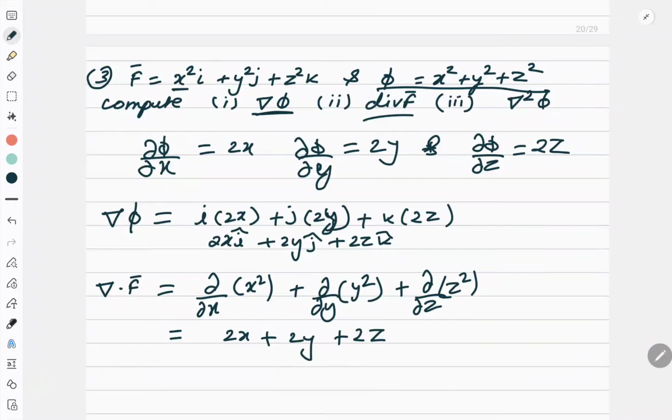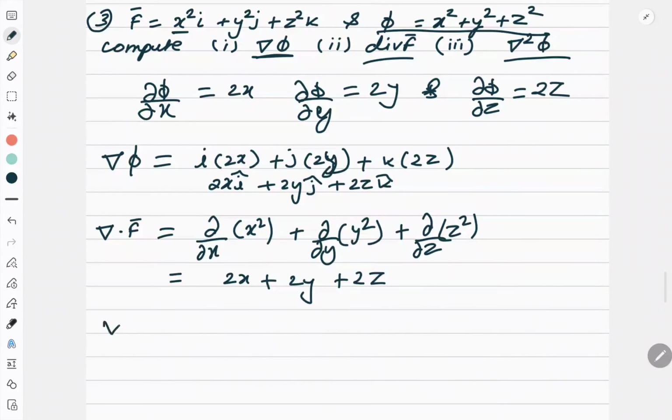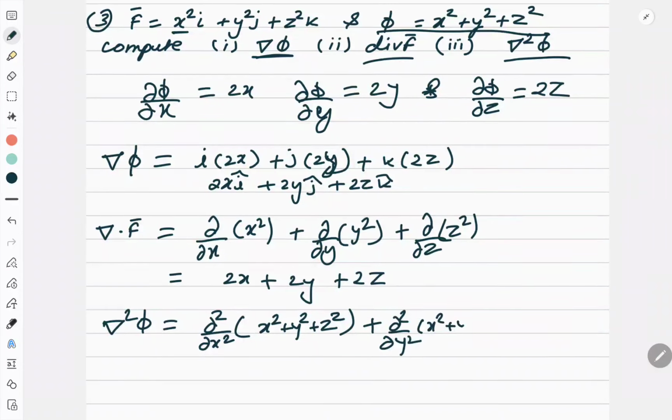Right? Now what is the third thing? Del square phi. So del square phi is equal to dou 2 upon dou x square of x square plus y square plus z square. You can use the summation also instead of writing 3 times. Plus dou 2 by dou y square of x square plus y square plus z square plus dou 2 by dou z square of the same thing.